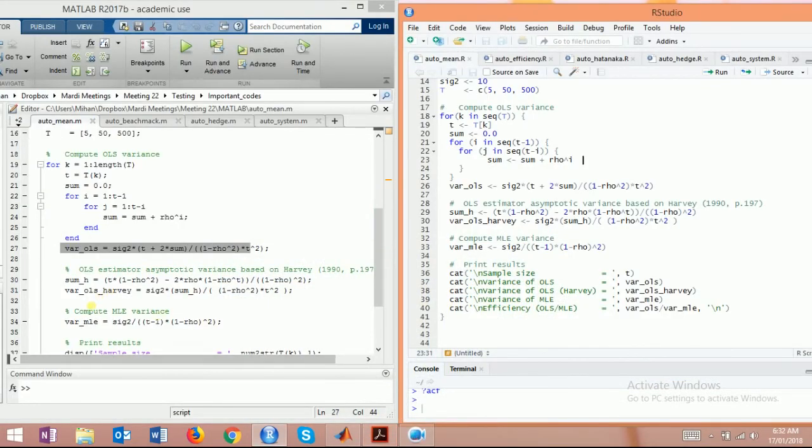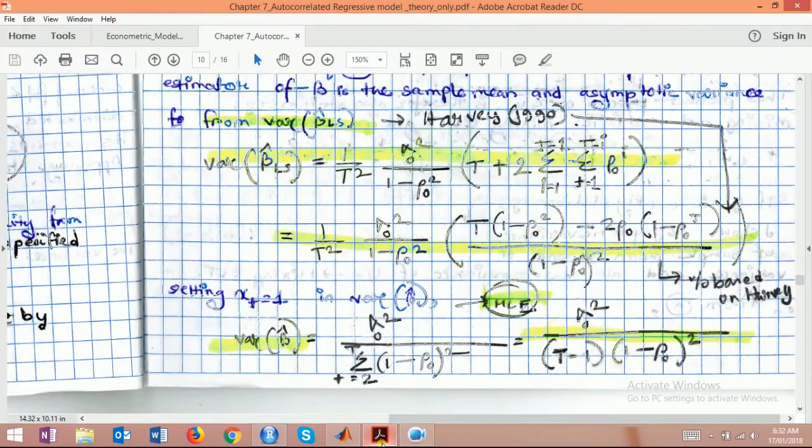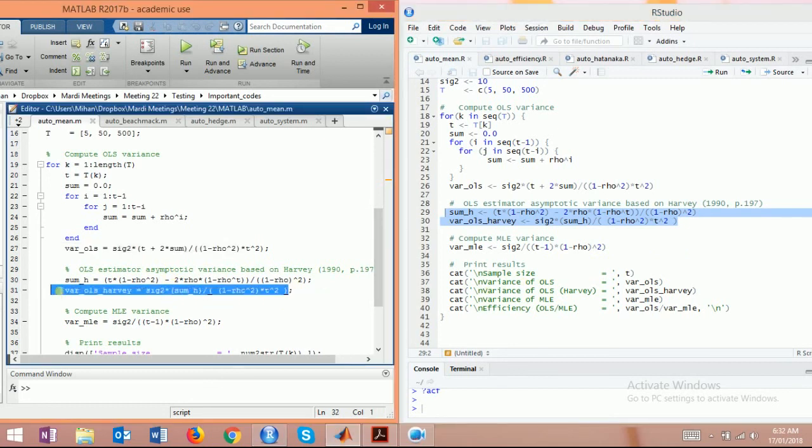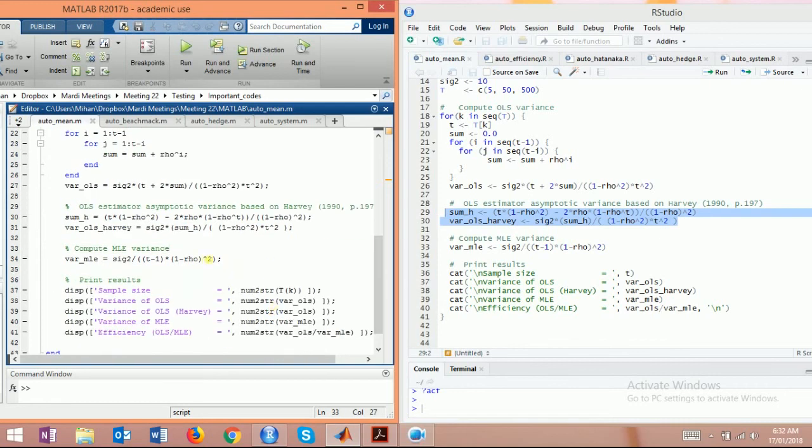Then we use sigma square sum of h divided by 1 minus rho square t square. This is the Harvey equation. There is no element by element operation in either of them, so they converge.